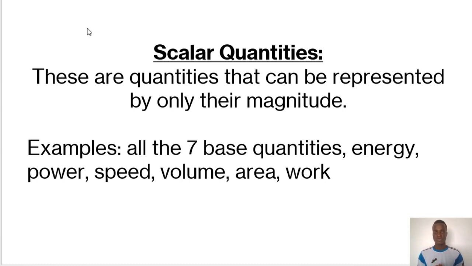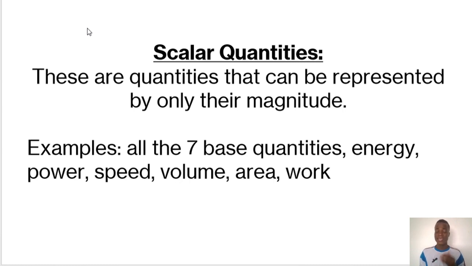There's no direction that will be entered here. The magnitude is enough to represent the quantity. If only the magnitude is enough, and there is no way on earth that we can get the direction of that, then that particular quantity is a scalar quantity.